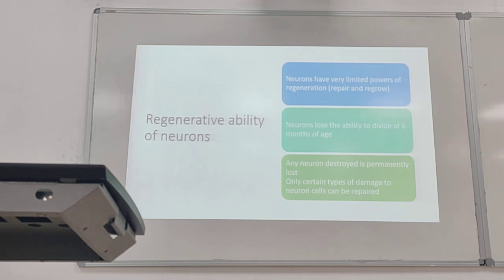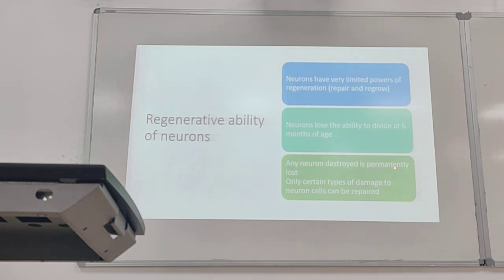Neurons lose the ability to divide at the age of 6 months. This is an MCQ. I did not say that neurons do not become big. A 6 month old baby is like this, and my height is like this. So growing is possible, but division is not possible. You cannot have new neurons.